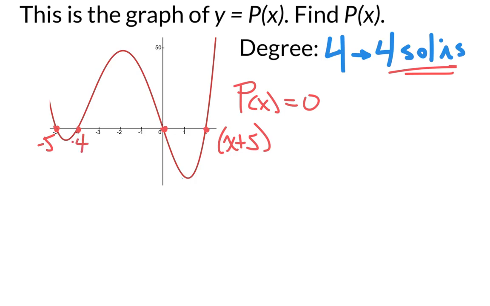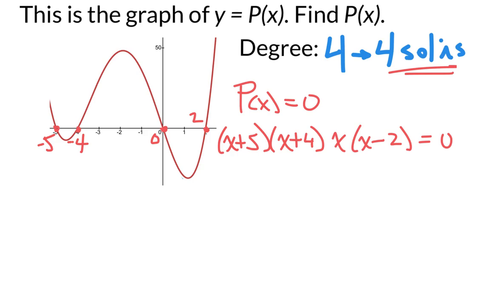If negative 4 is an x-intercept, then x plus 4 is a factor. If 0 is an x-intercept, then x minus 0, or just x, is a factor. And if 2 is an x-intercept, then x minus 2 is a factor for our equation.